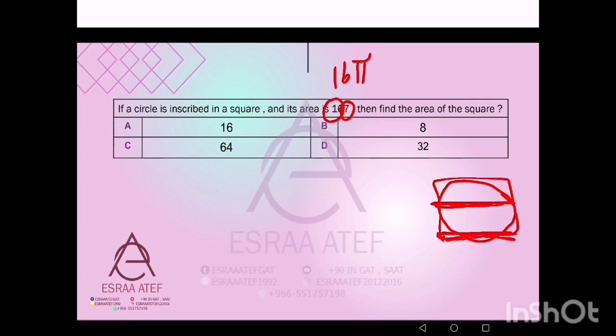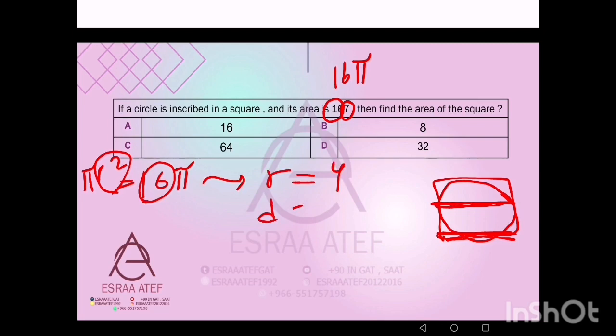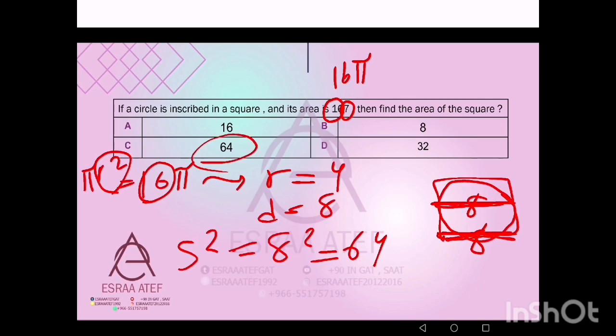So 16 pi is the area, which is pi r squared. So r squared is 16, so r will be 4, so the diameter will be 8. So the square length will be 8. The area is s squared, which is 8 squared, which is 64. So the answer will be 64.